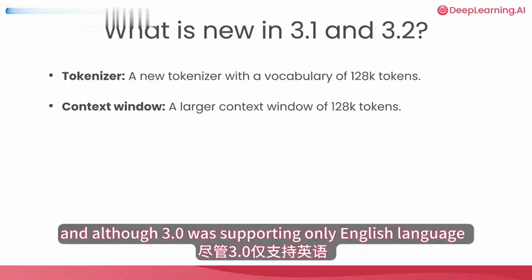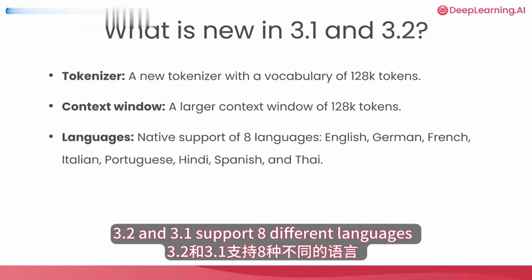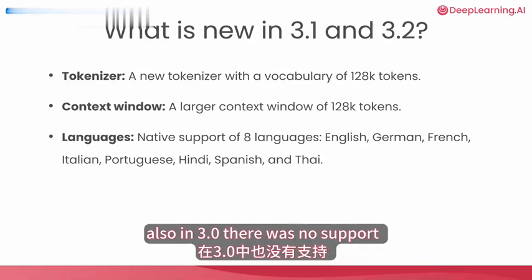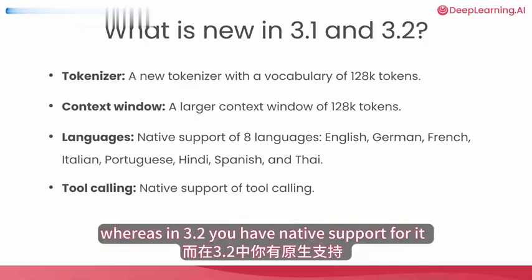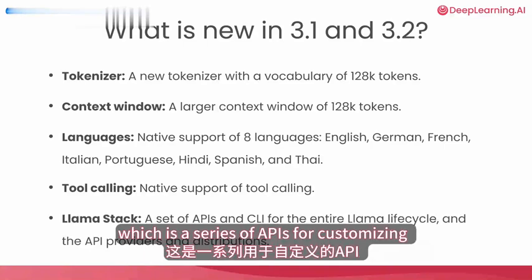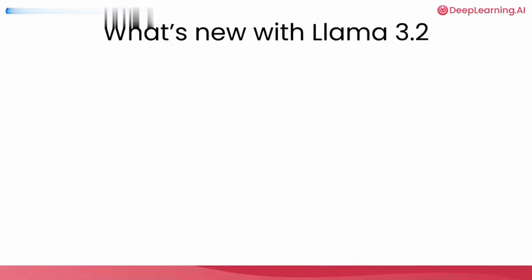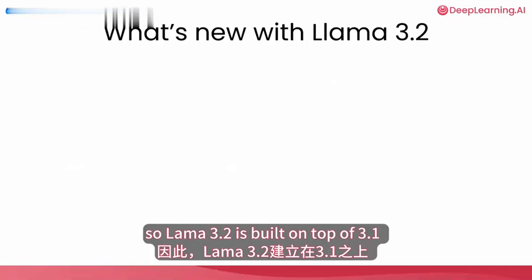And although 3.0 was supporting only the English language, 3.2 and 3.1 support 8 different languages. Also in 3.0, there was no support for tool calling, whereas in 3.2, you have native support for it. And finally, we also released Llama Stack, which is a series of APIs for customizing Llama models and building Llama-based agentic applications.